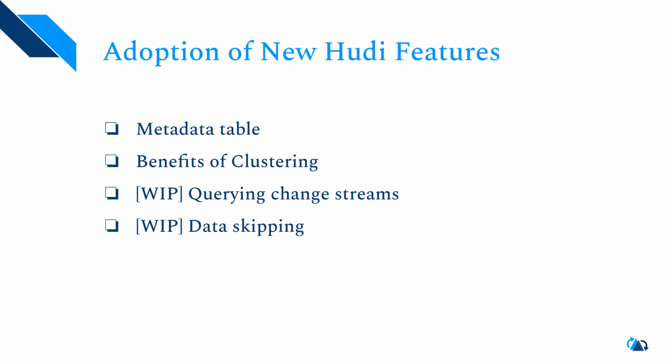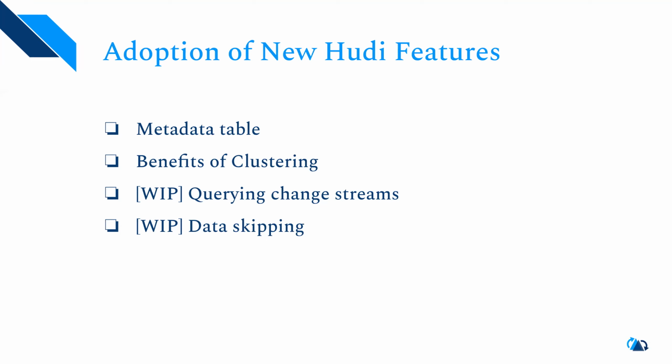Querying change streams is nothing but the incremental query support. As I mentioned before, the timeline through the meta client will help us do that. The other is data skipping. We plan to put out an RFC with respect to this. Again, the design principle here will be to reuse as much as possible what Presto itself or Trino itself provides for data skipping.